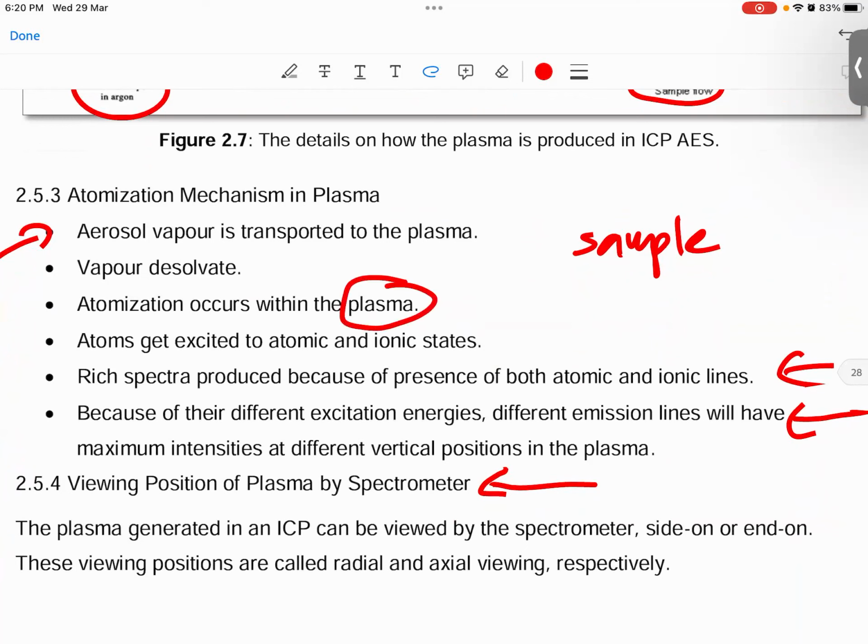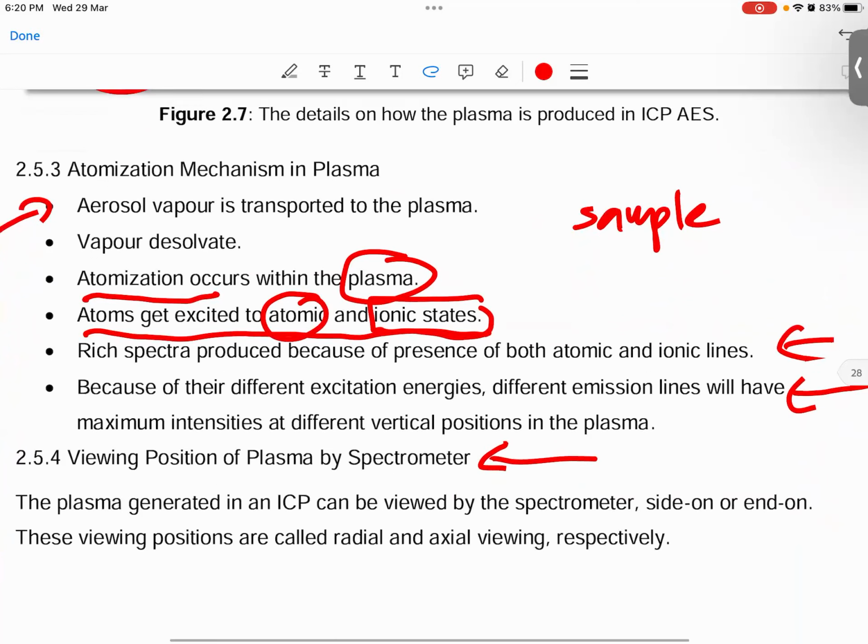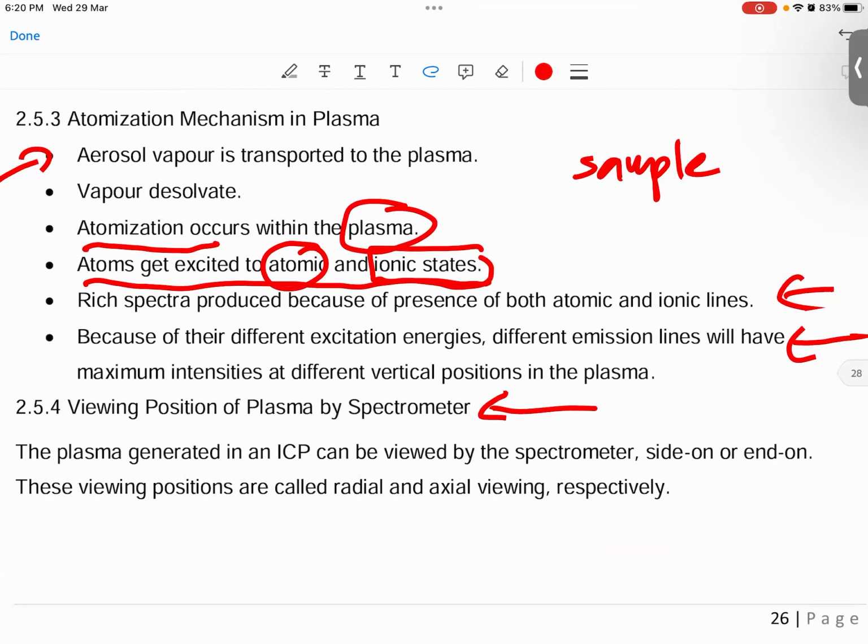Both processes happen in the plasma. We want it to be atoms, but sometimes, of course, we have these ionic states as well. And how is it measured?